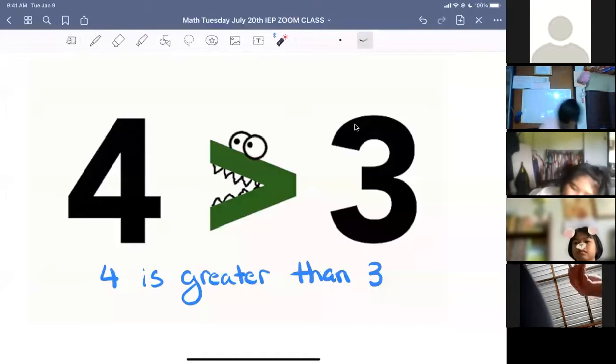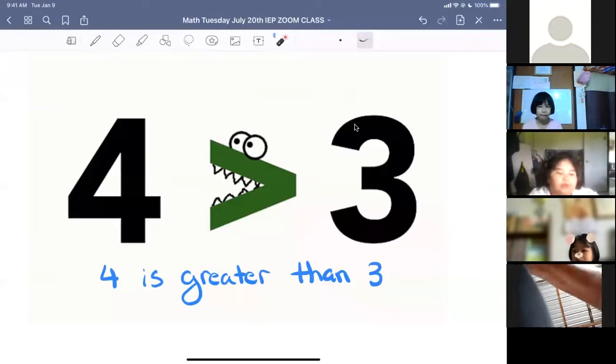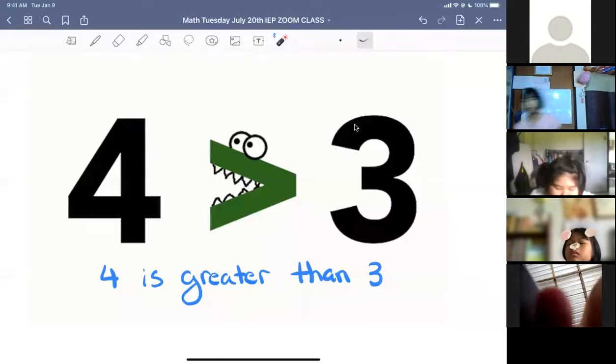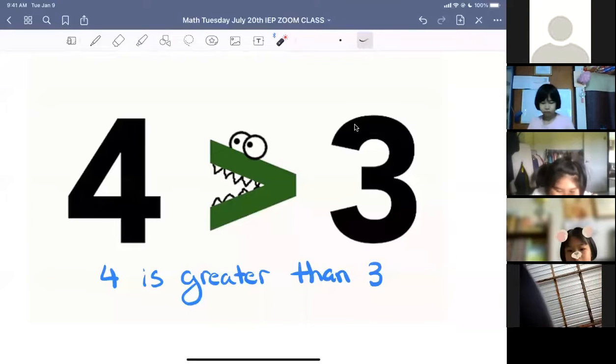It looks like a mouth and it looks like it wants to eat the bigger number. It always wants to eat the bigger number. So that's where it's going to face, the bigger number. This sign will always face the bigger number. So we can say 4 is greater than 3. What about the next one?